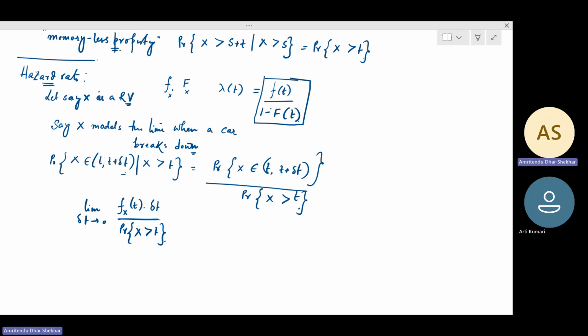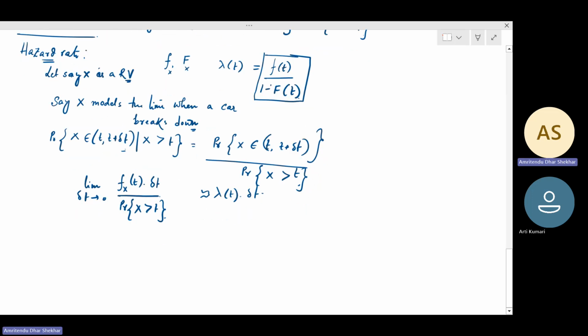Right. So this is equal to the hazard rate at time t multiplied by delta t, approximately speaking. So lambda t is like a conditional density function.